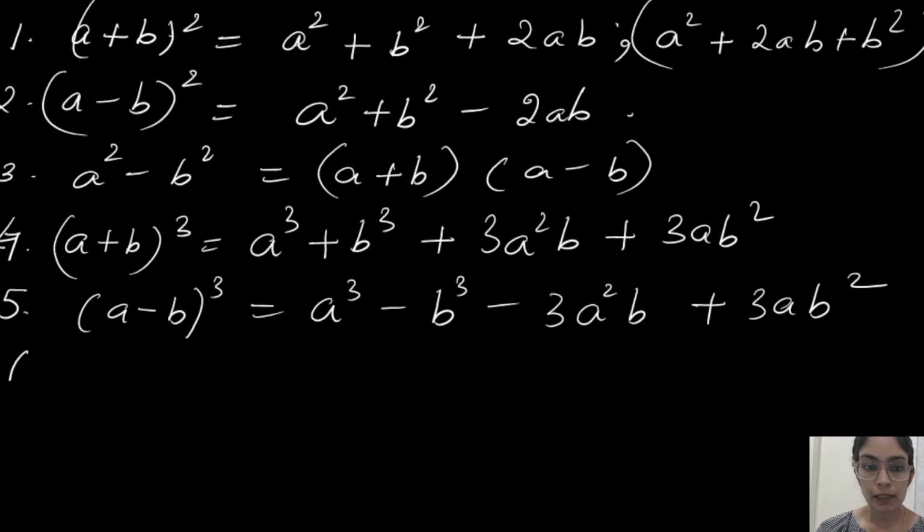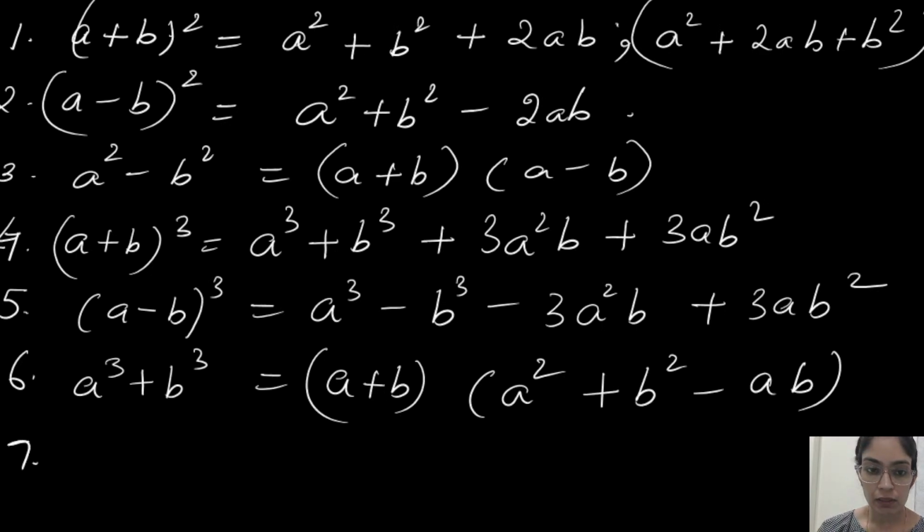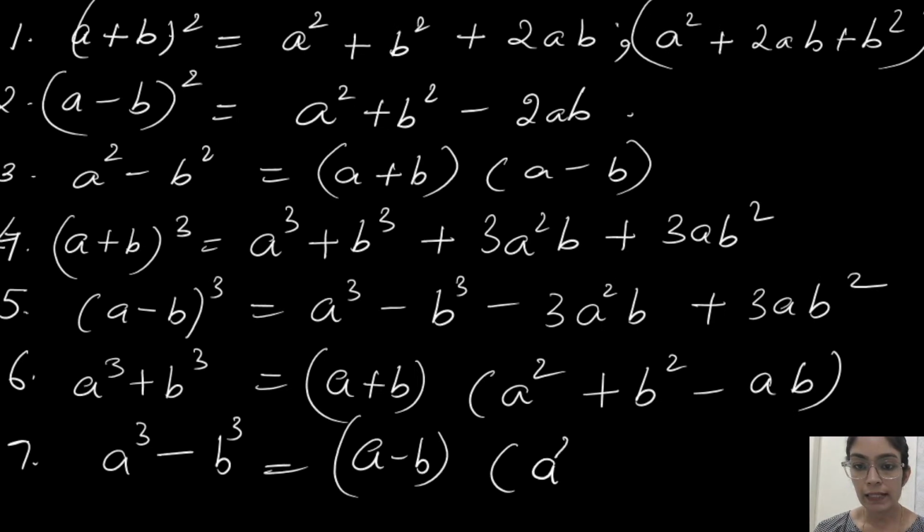The sixth one is a cube plus b cube, which equals (a plus b) into (a square plus b square minus ab). Then the seventh one, a cube minus b cube, equals (a minus b) into (a square plus b square plus ab).